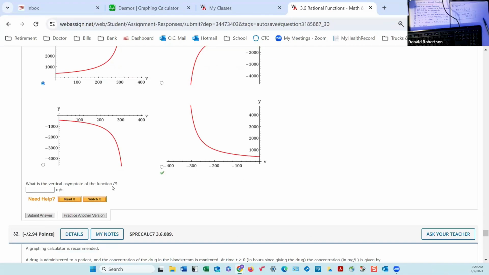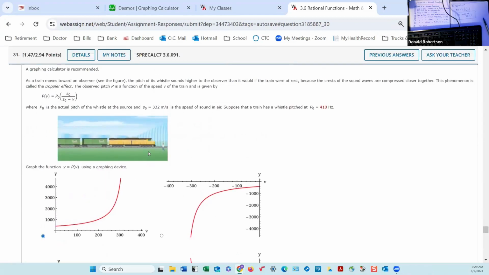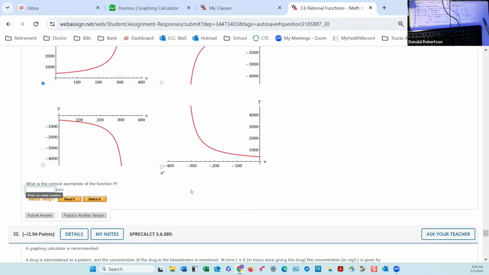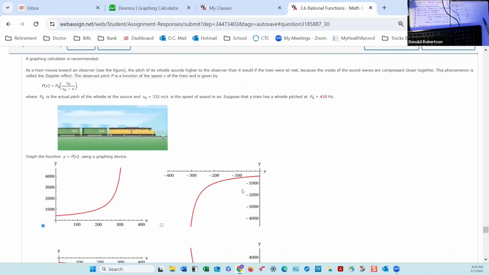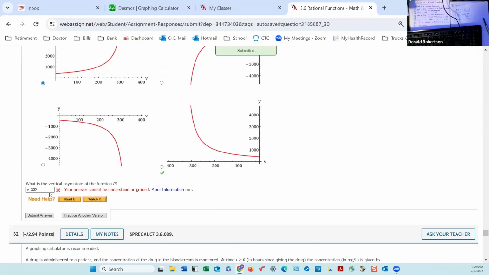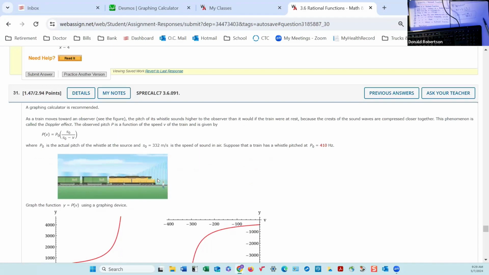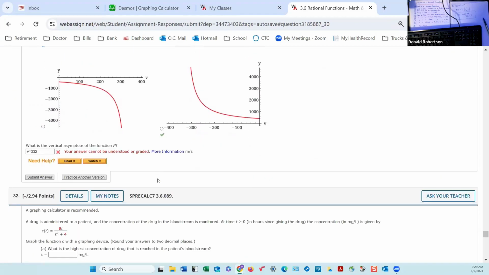Now, what is the vertical asymptote of the function? If you remember what we had in my picture, its vertical asymptote was actually at v equals 332. Oops. It is 332. Let's check. What did I do wrong? Oh, meters.